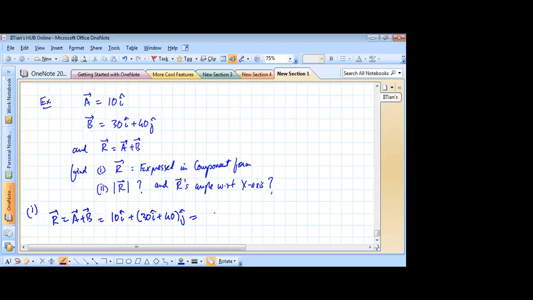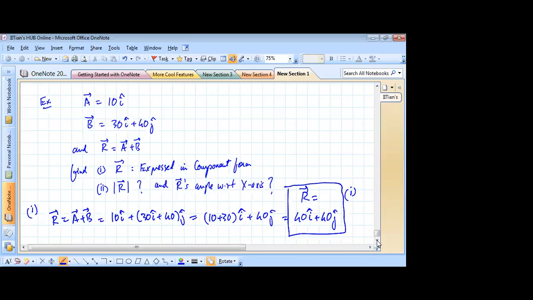You just open this bracket, so it becomes 10 plus 30 i cap. So this is like our normal algebra, so we will do taking terms common and all that. So it becomes 40 i cap plus 40 j cap. So this is R expressed in component form. This is the answer to the first part.